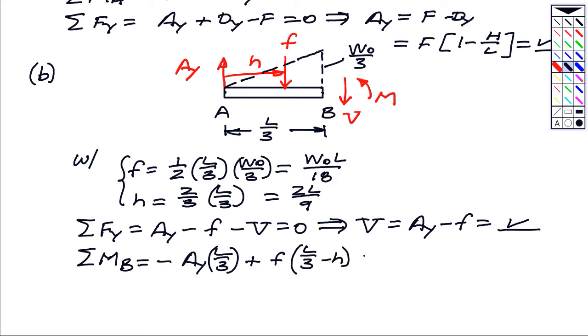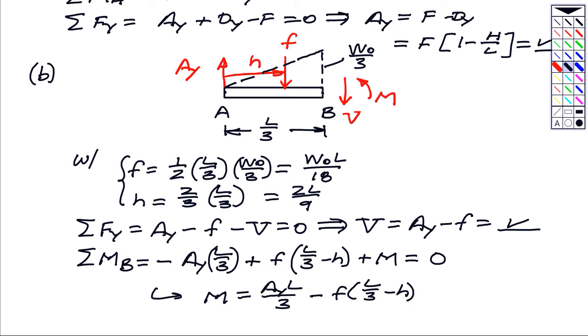And then the couple there of M, which is at that face, that total for equilibrium is 0. So therefore M is equal to AY, found above, times L over 3, minus f times L over 3 minus h. f we know. So everything that goes into M, we know.